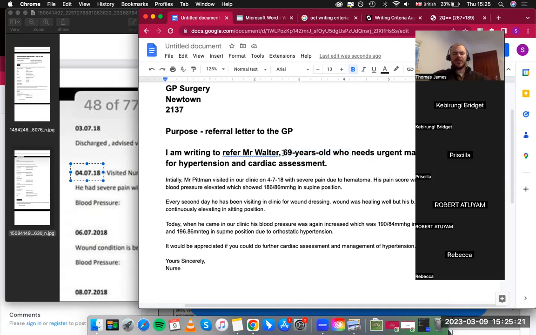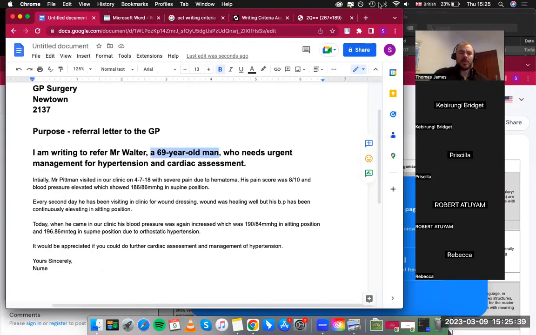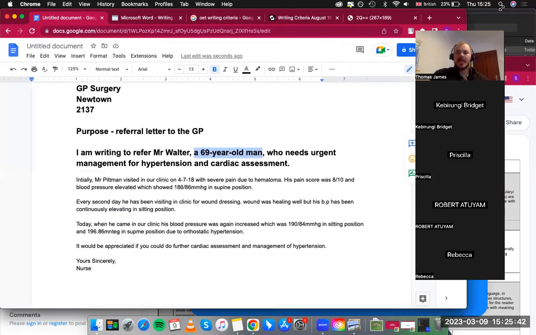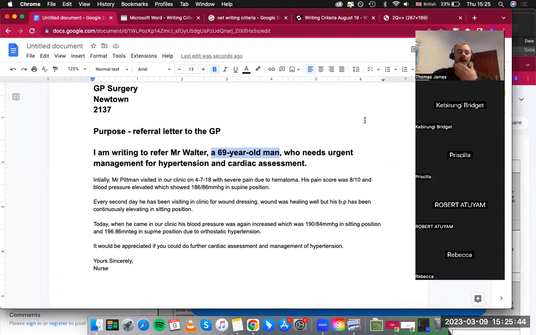Are there missing words in that sentence as well? I would prefer to put a 69 years old man, like this, and this just doesn't seem very correct. A 69-year-old man. So that's the relative clause that we were talking about. Robert, we didn't cover it together. And Bridget, I don't think we covered it together, but I did see it in your letter, Bridget, that you are now trying out these different forms of sentence structure, which is great.